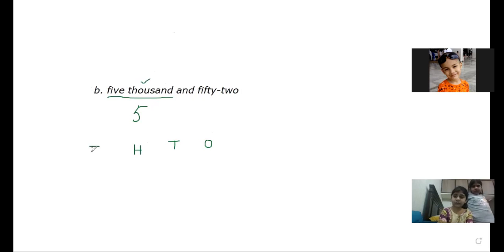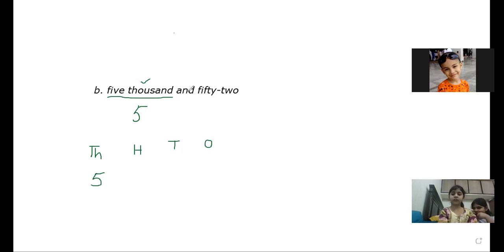The last one is 1,000. So how many thousands do I have in this line? I have 5,000, so I'm going to write this 5 under 1,000.